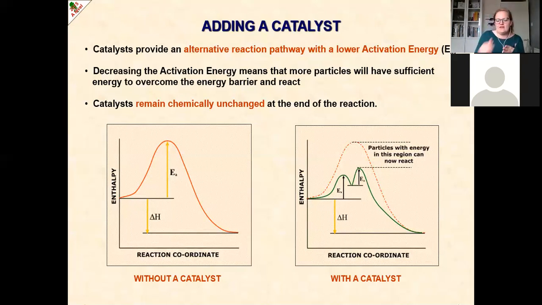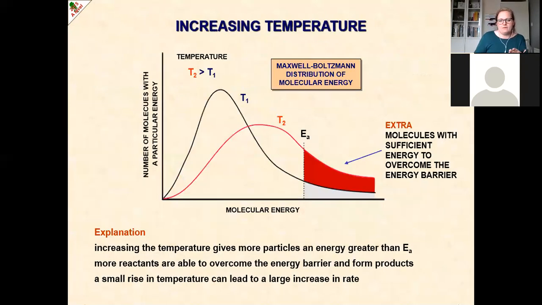So if you think back to the last graph here, if we have changed it so we've got a lower activation energy, our activation energy might be coming in over here. So we've got an even larger amount of molecules that are able to hit that activation energy barrier. So it's working with this Maxwell-Boltzmann distribution of molecular energy with the catalyst.